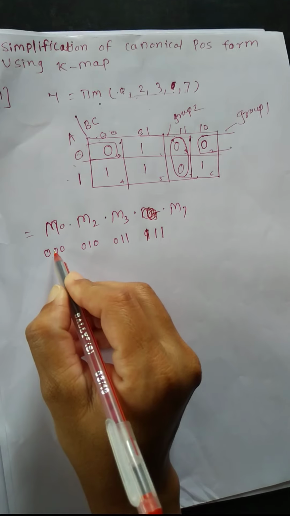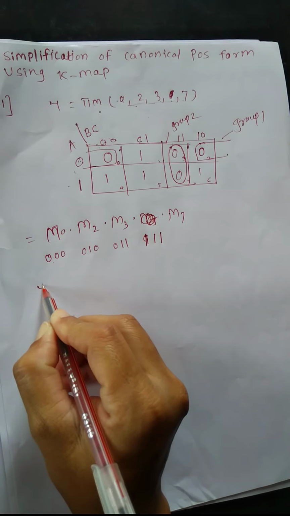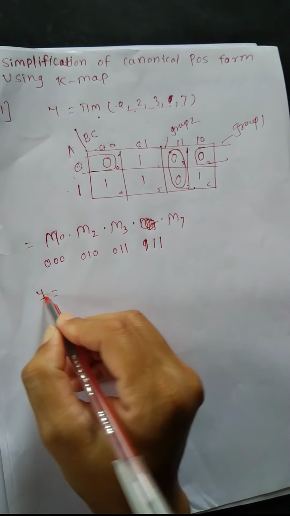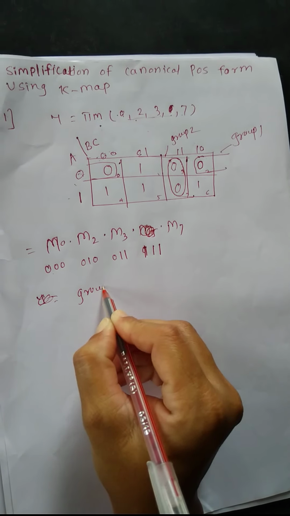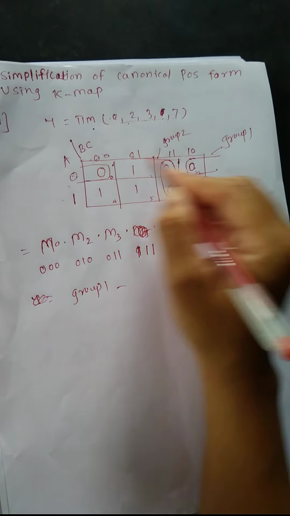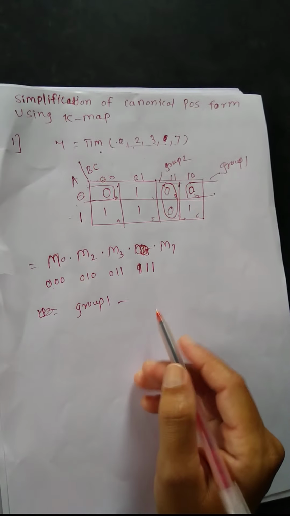Then you have to solve the expression, for the POS expression Y equals group 1. Group 1 is the side corners.